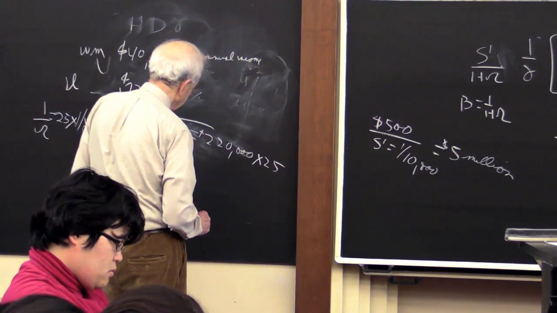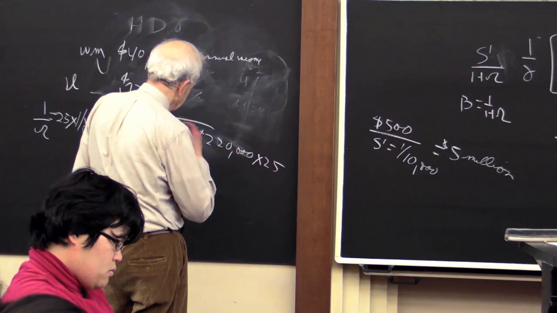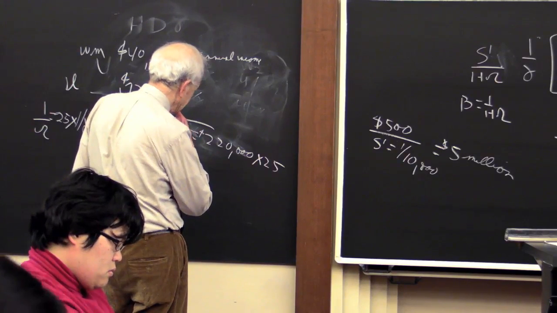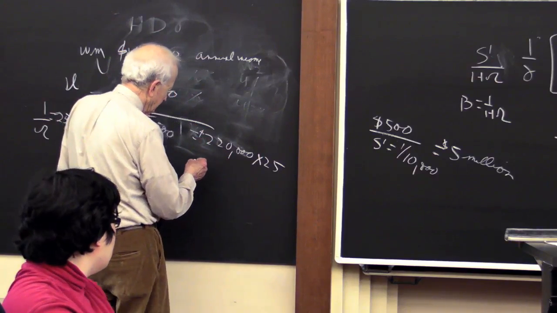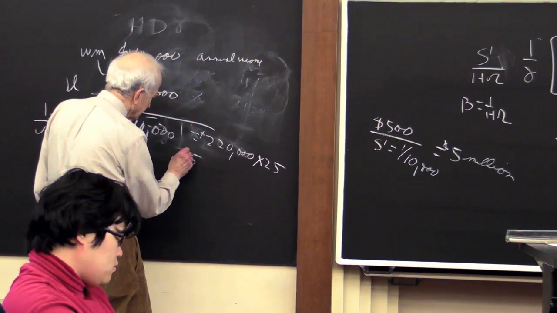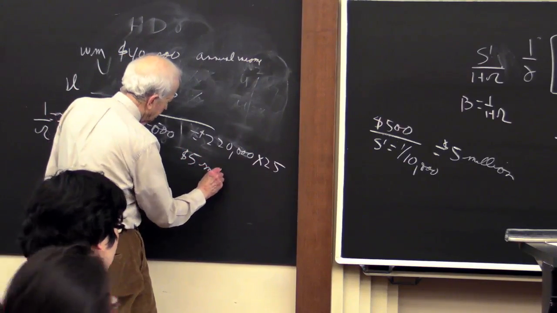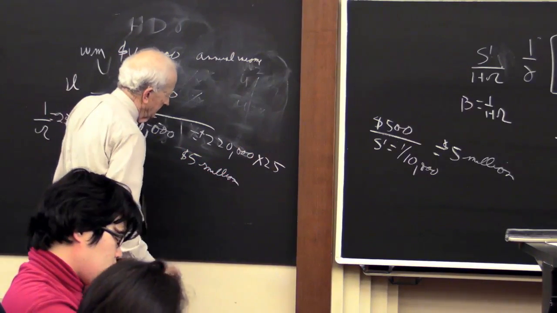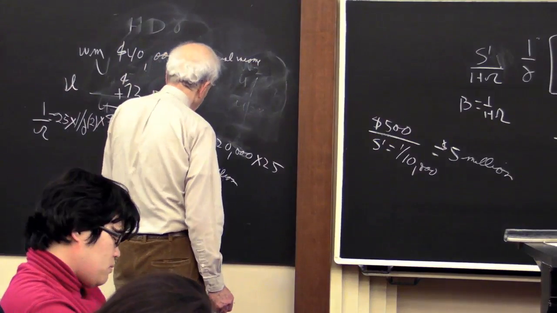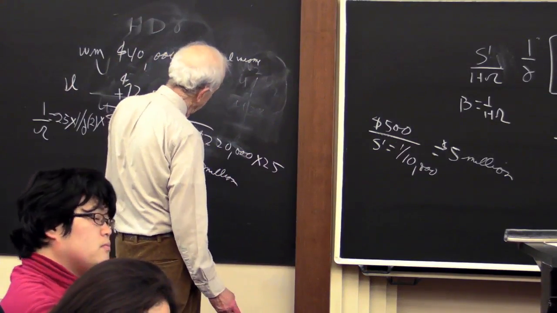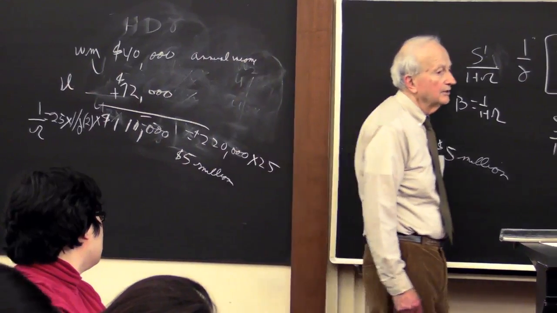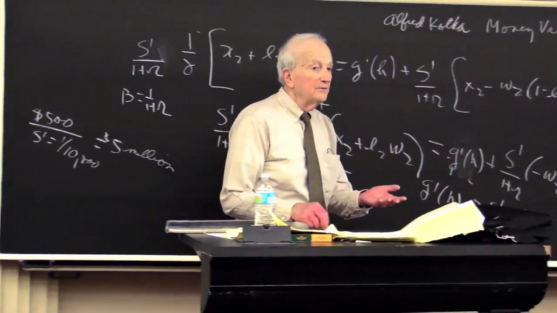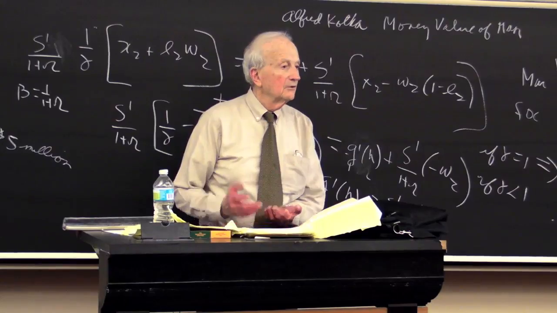That's right. 5 million? Roughly $5 million. 200,000 times 25 would be 5 million. So roughly $5 million. So we're getting up there to the right numbers.